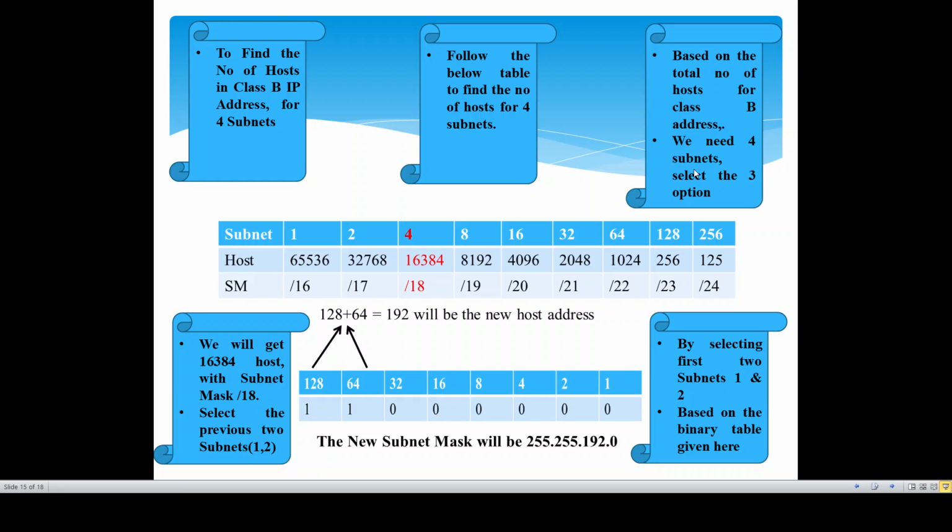Those two will become 128 and 64 because we have the formula 2 power n, since each octet in an IP address has 8 bits, so 2 power 0 till 2 power 7. So it will be 128 and 64, which become 1s. Then add 128 plus 64, and it will give the new subnet mask, which will be 255.255.192.0.